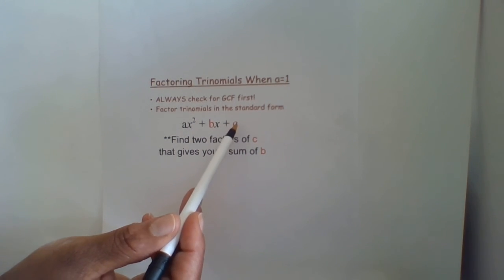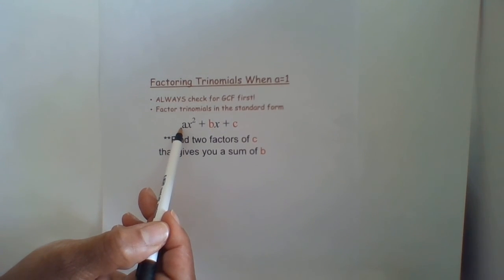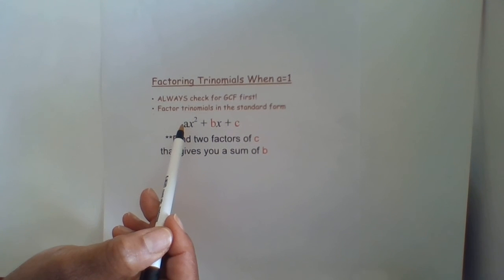Now, instead of just working with c and b, this time a is going to be greater than 1. So let's look at some problems where this is going to be true.